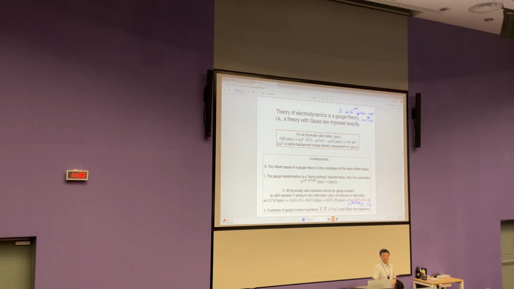I'm not completely sure, but I think it would be beneficial to ask this question. The Hamiltonian you showed before in the second quantization form, I think it is very different from the Hamiltonian we've seen in the previous course.